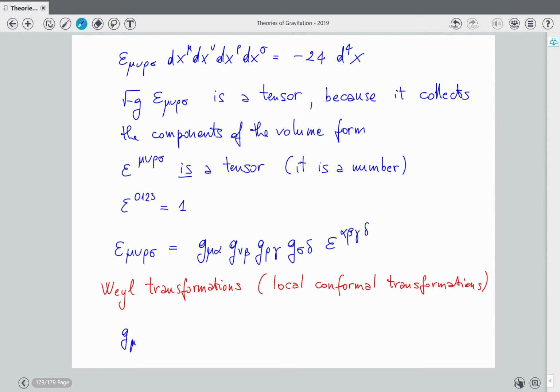g mu nu, the metric, is rescaled everywhere by means of a certain rescaling factor that may depend on the point. So they are local because the metric, the distances, are redefined with a scale factor that depends on the space-time point, depends on the location that you consider.